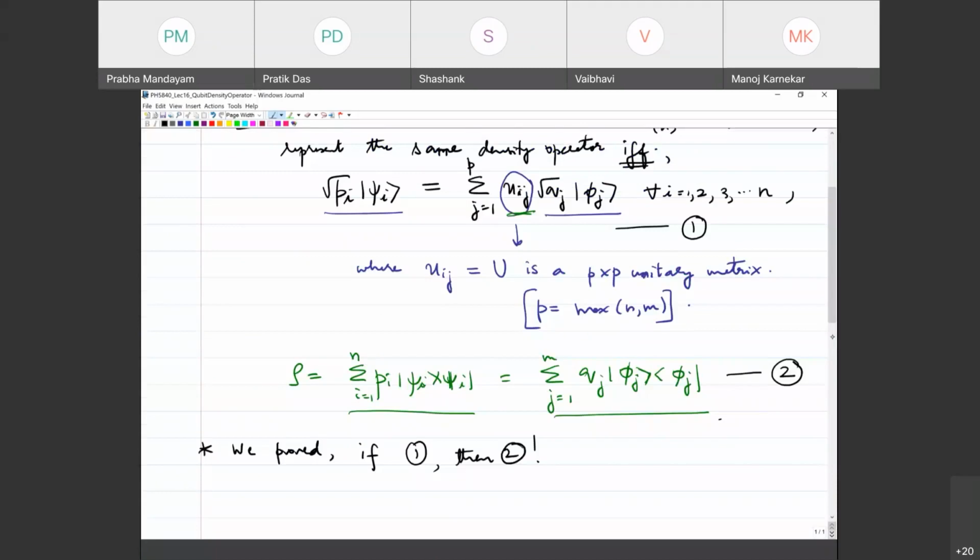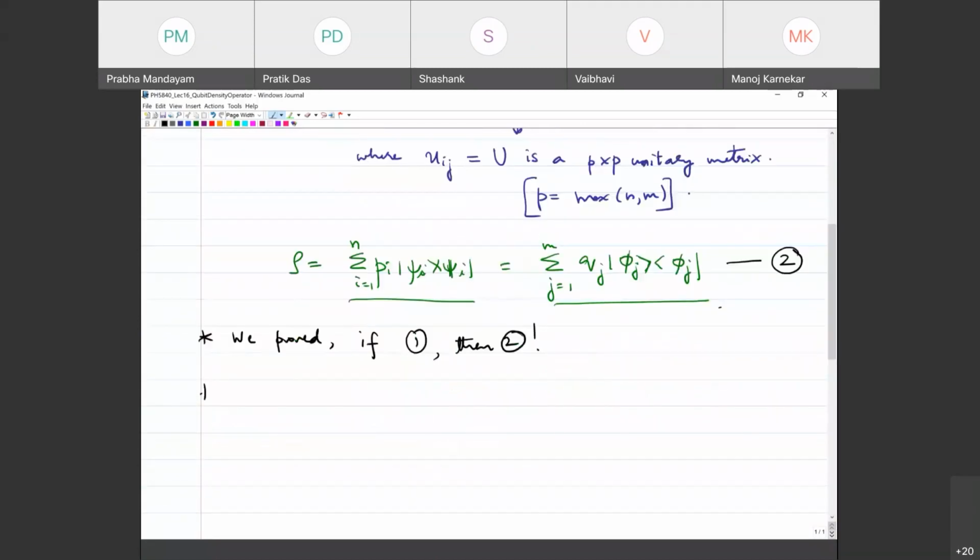So the converse, which is if 2 holds, then there exists a unitary matrix U such that 1 holds, right?